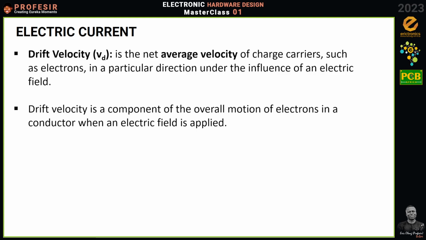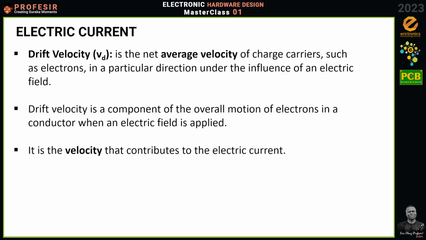That's what drift velocity is talking about. It is the velocity that contributes to electric current. Remember we said current is a measure of charges that are moving in a particular direction across a given cross-sectional area per unit time.